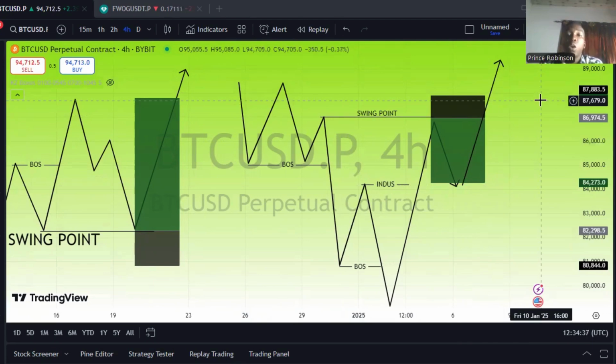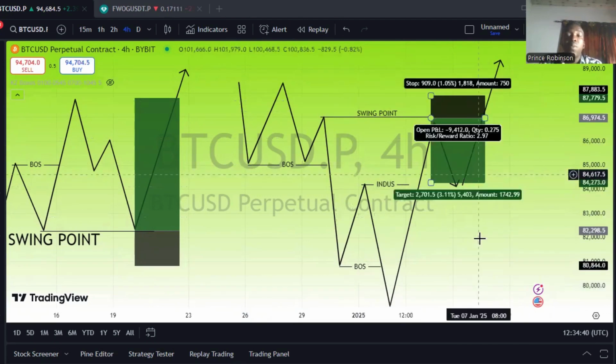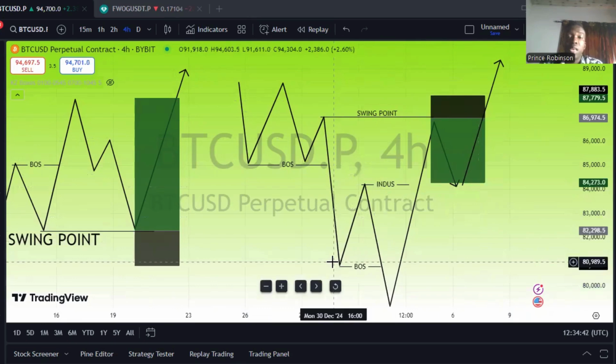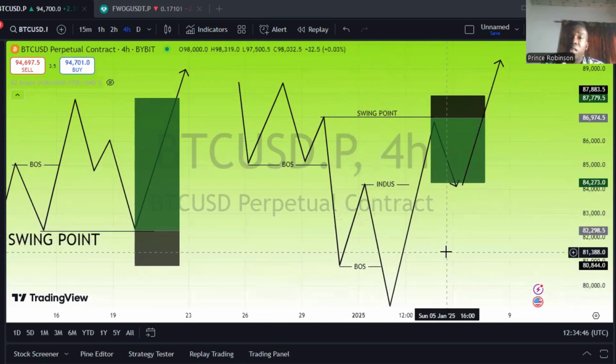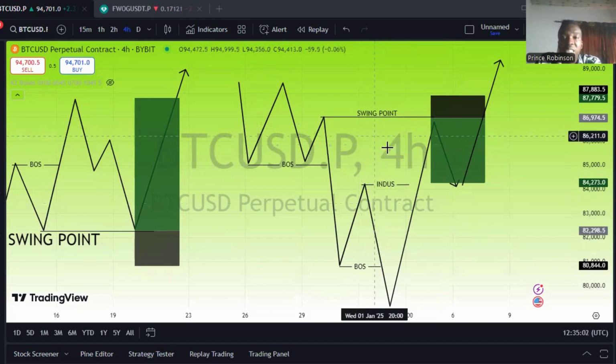It can happen this way, thereby forming a head and shoulder chart pattern for those that do trade chart patterns. This is the neck. It is as simple as how it works. As long as it has not been mitigated, it is still fresh.